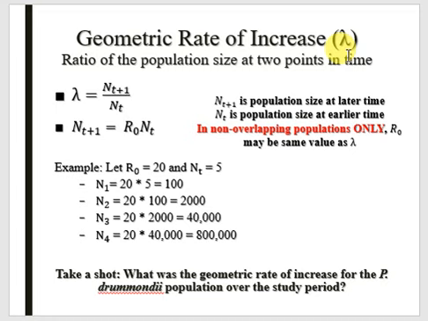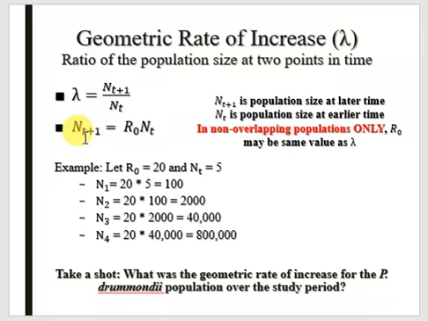To calculate the geometric rate of increase, or lambda, you first have to find this value, which is N sub t plus 1. Nt plus 1 is the population size at a later time, right? So this represents the population size 15 years down the road. So after 15 generations, what's the population size? That's Nt plus 1.